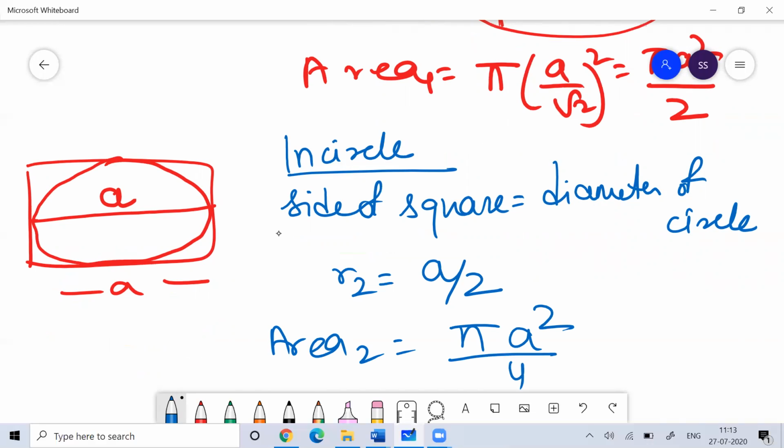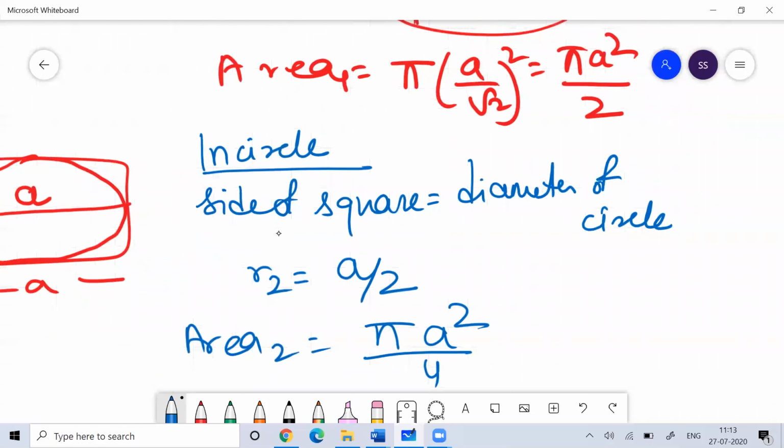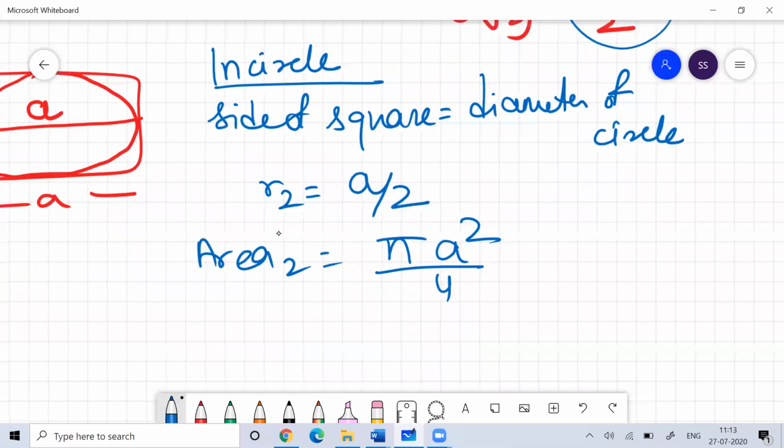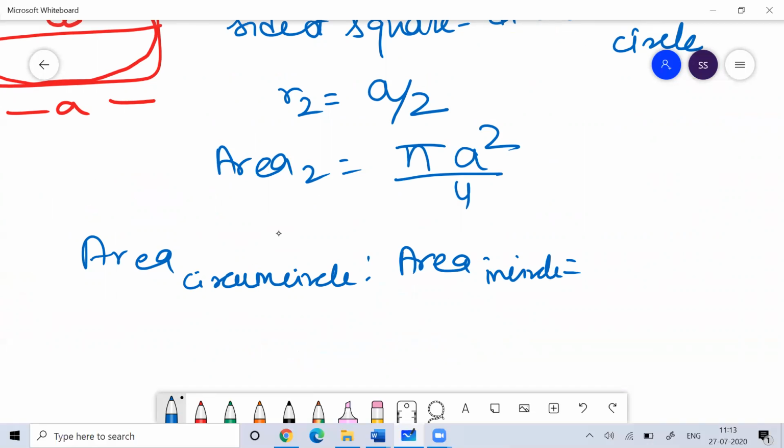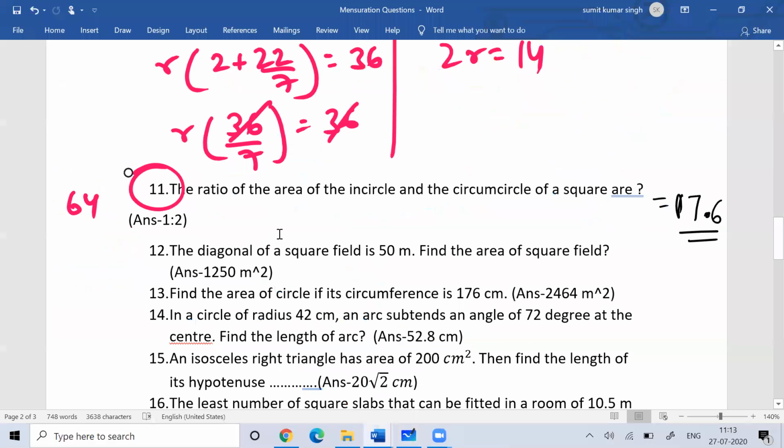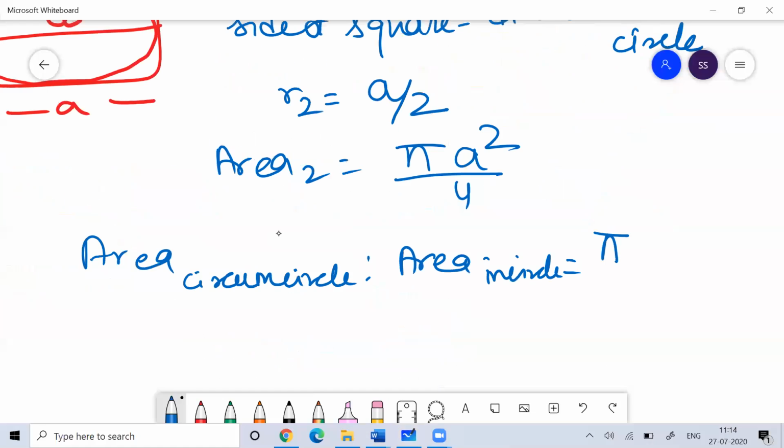So you know that the area of the circumcircle is pi a squared by 2 and the area of the incircle is pi a squared by 4. They are asking for the ratio of incircle to circumcircle.